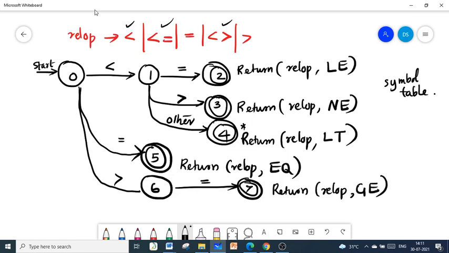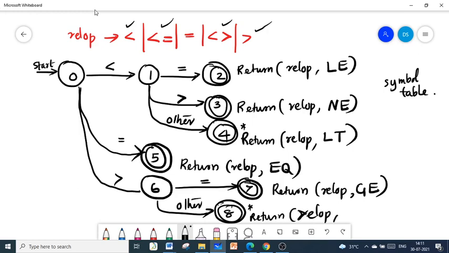So we have to complete one more, greater than only. So that is given using the retract symbol star. Okay, other. So that is 8th step. So return relop greater than.